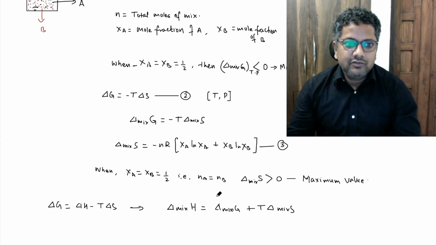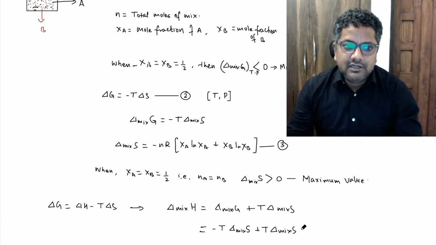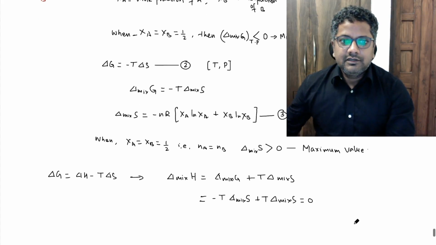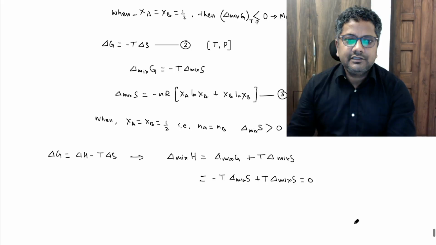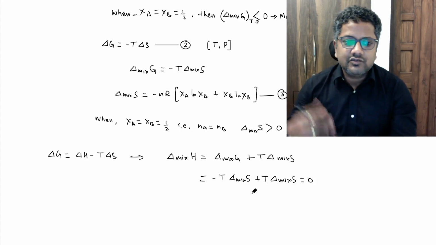So now you can put here delta G is equal to minus T delta S mixing plus T delta S mixing, and this is equal to 0. So how could this be explained? There is no change in energy. There is no change in energy.